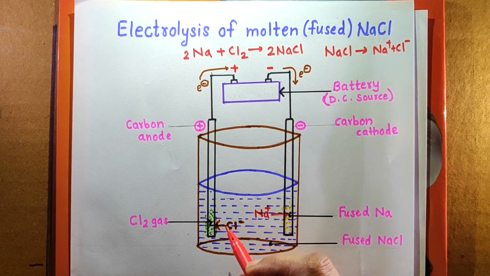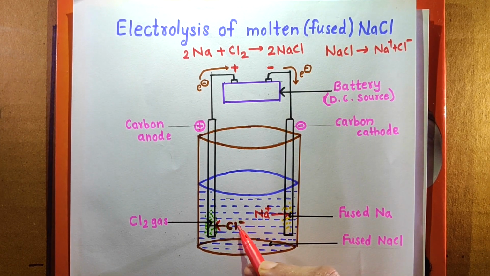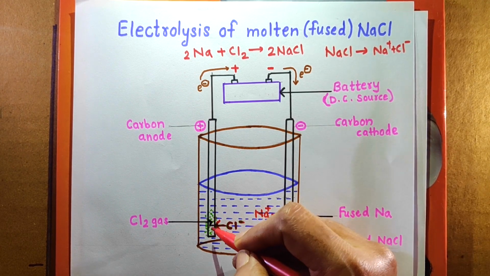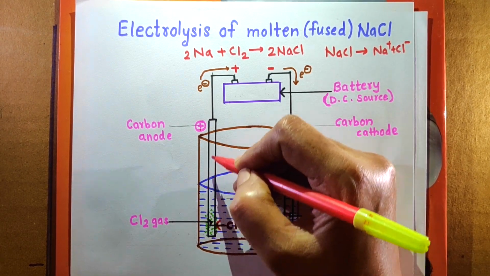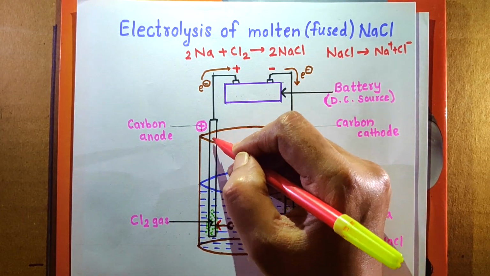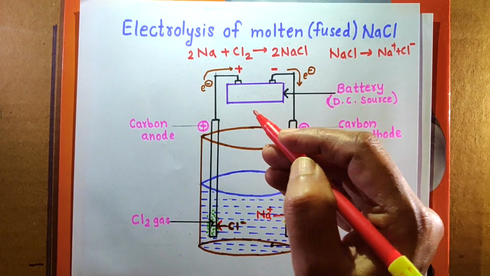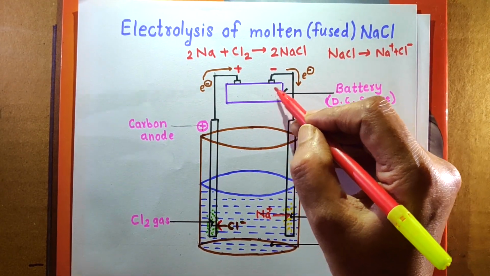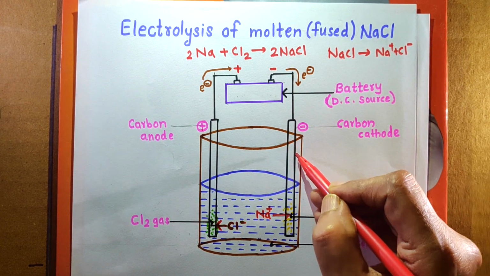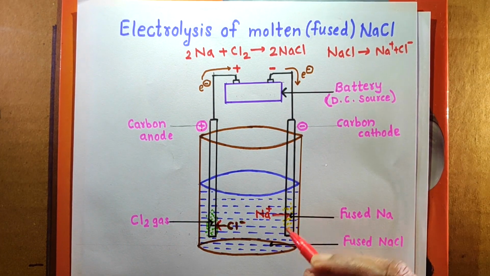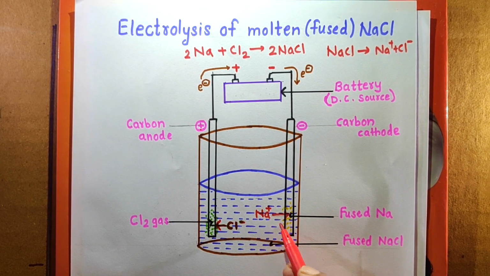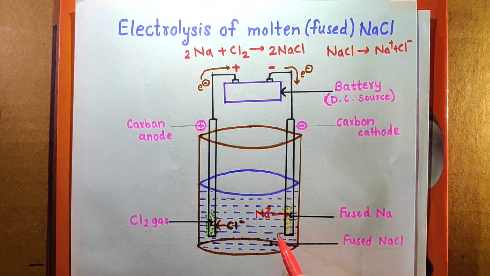These Cl- ions will lose electrons and these electrons are carried through this rod, through this metallic wire towards the battery. That means this battery sucks these electrons and these electrons are pushed by this battery towards this metallic wire, towards this cathode, and they are taken by the Na+ ions which are present in the solution.